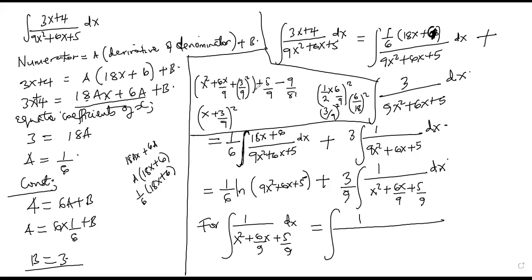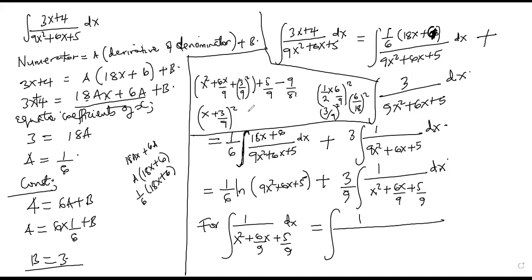Your calculators can bring it out well. When you get 5 over 9 minus 9 over 81, which fraction do you get? Do you get 4 over 9? Yes.